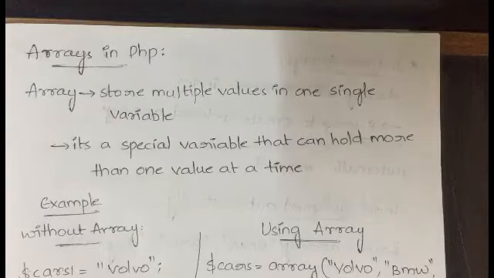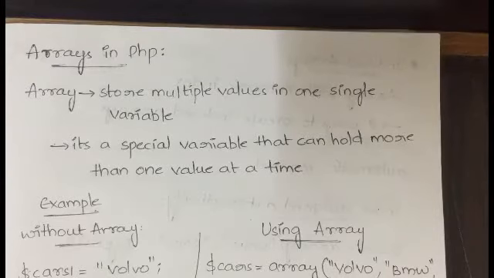In a single variable you can store multiple values. Normally whenever we declare a variable, we just store a single value in one variable, right? But if we use arrays, then we can store so many values in one variable itself. Okay, that is the definition of array.